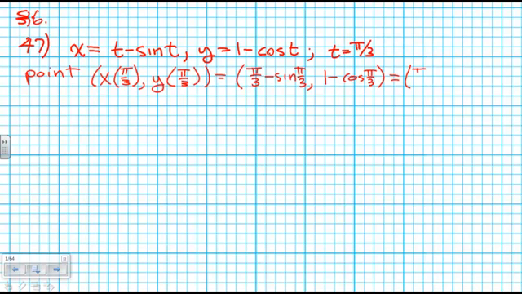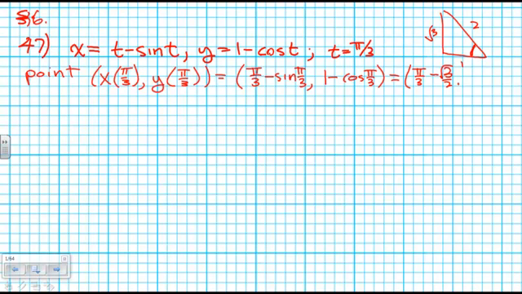So for my x value, I get pi over 3, and the sine of pi over 3, let me draw my reference triangle. It's 1, 2, square root of 3. The pi over 3 angle is there, and sine is opposite over hypotenuse, so that's going to be minus root 3 over 2. There's my x value at pi over 3.